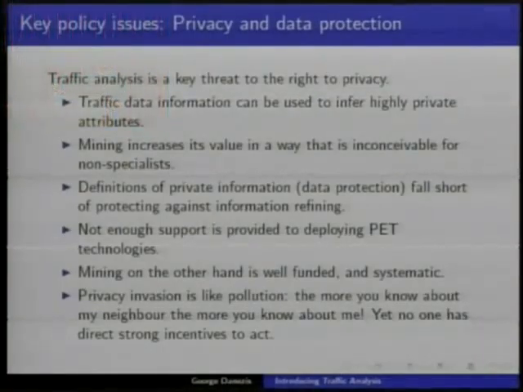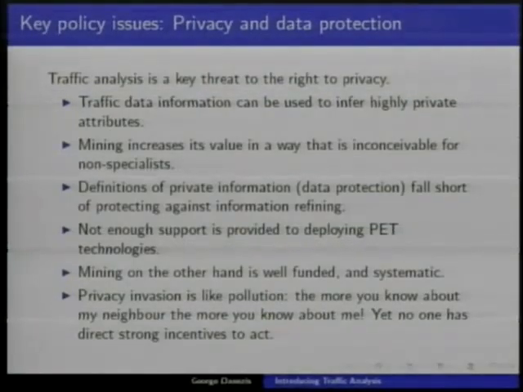And of course, privacy and data protection are the ultimate question. It is really not clear to people that who they talk to is sensitive information, and the techniques for mining this produce such high-quality results that no one could just guess it. Yet our definitions of data protection and what is sensitive data really don't take into account all these techniques.